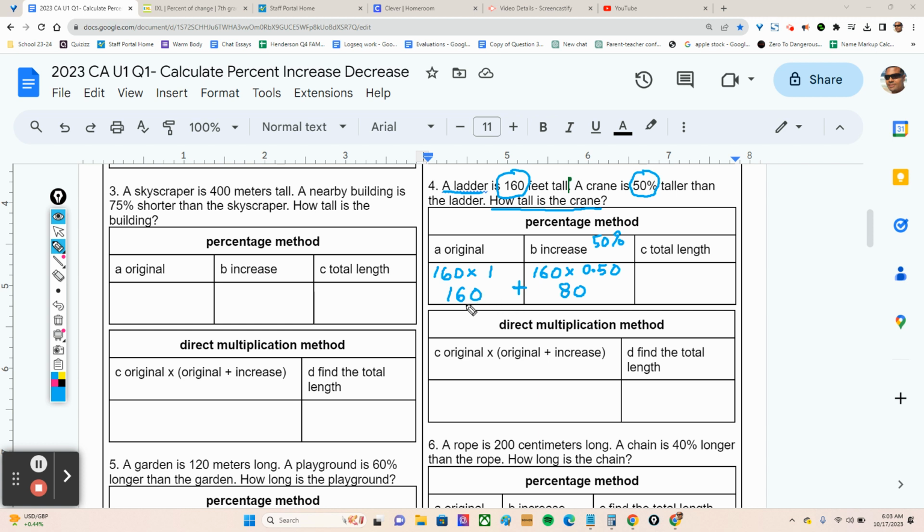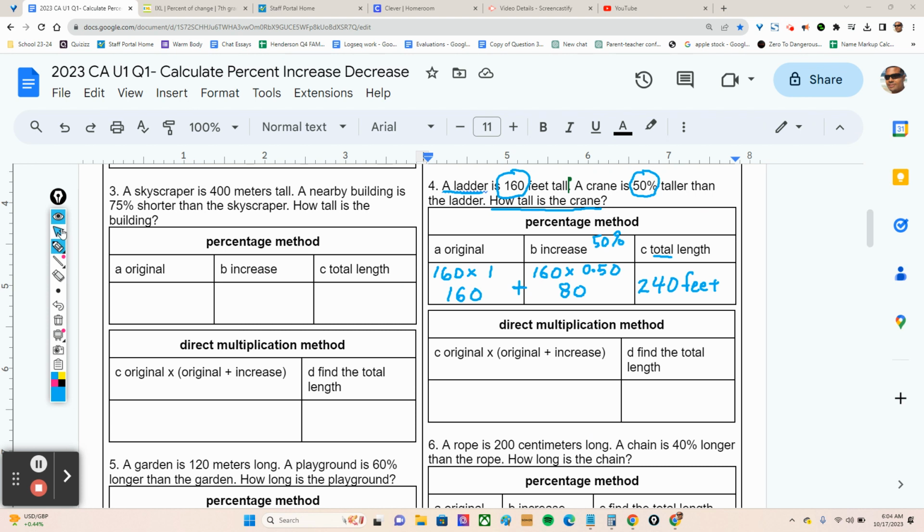Then we add that together to get the total height. 160 plus 80 is 240 feet.